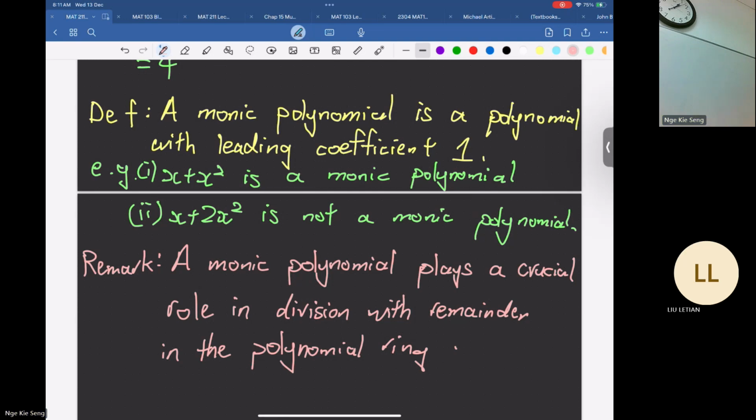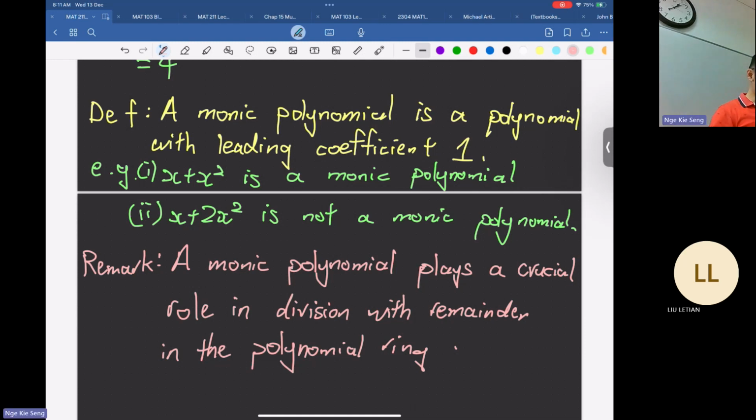You can always make the leading coefficient 1 by multiplying by some element in the field. So far, okay?